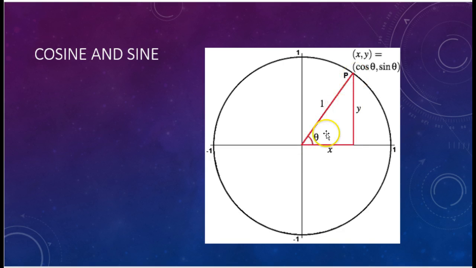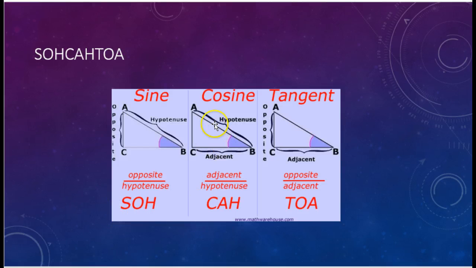So for the cosine, we're looking at the x coordinate, so x over 1 just gives us x, and y over 1 just gives us y. So sine we associate with y, cosine we associate with x on the unit circle. And then tangent is y over x.